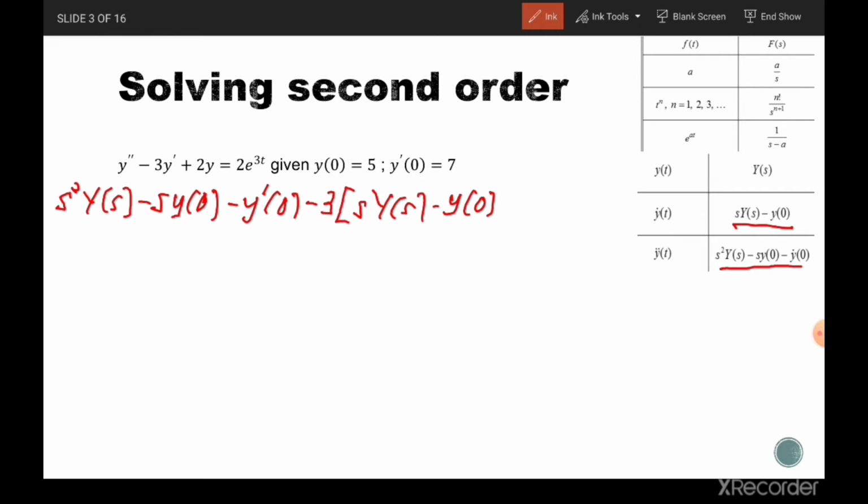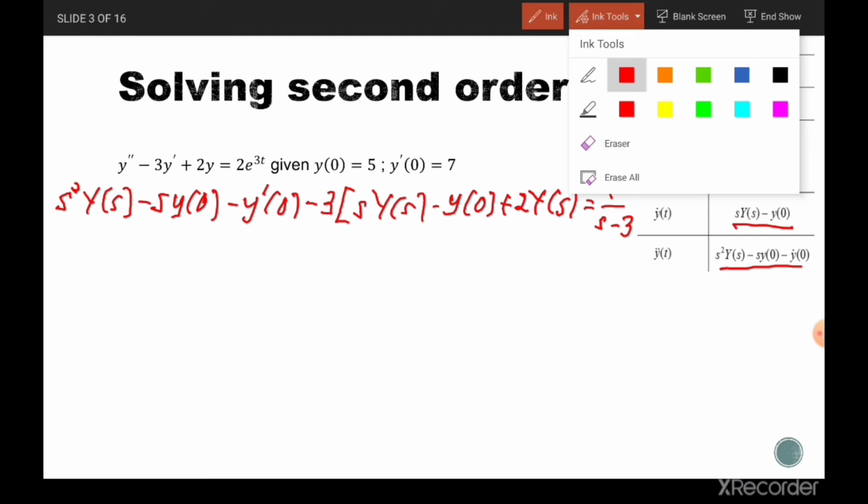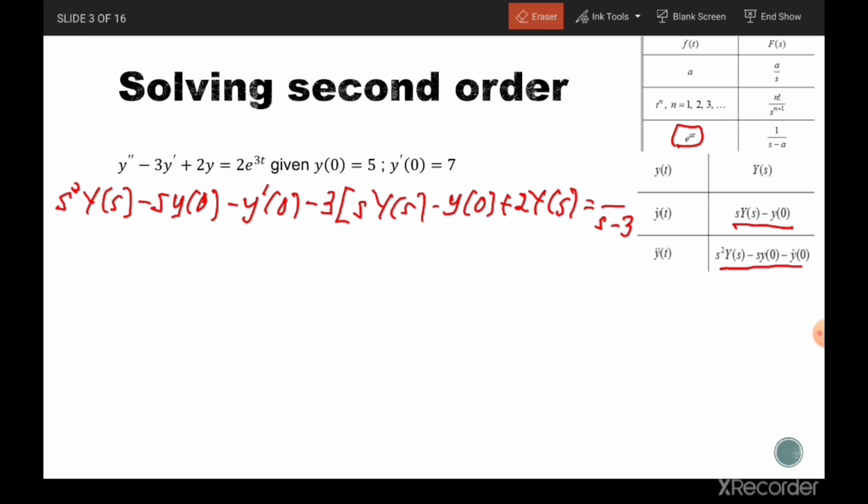Then plus 2 Y(s). Then for the right side we also need to apply the Laplace and transform it. So we have here 2 times 1 over s minus 3, then we put it here.